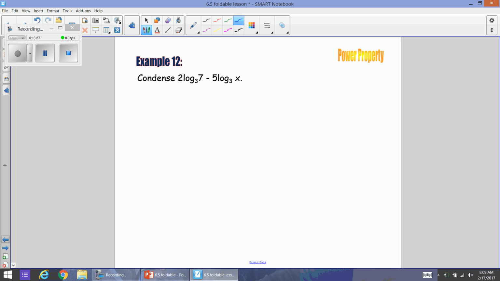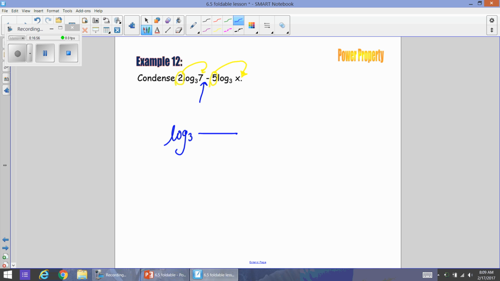Okay, trying again. Look at the original problem. It says condense. Right off the bat, I've got a 2 in front of my log. That means that 2 is going to become an exponent on the 7. I have a 5 in front of this log. That means that 5 is becoming an exponent on the x. I see subtraction. So I know this is going to be log base 3 of division.